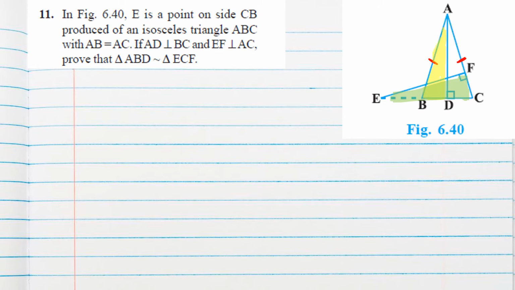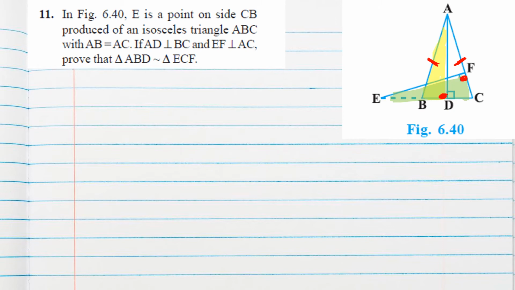So for these two triangles we have to prove similarity. So we will check here for two or three parts, SSS or SAS. Now since one angle is 90, we can use this angle and the angle EFC. These two sides are given to us, AB and AC.